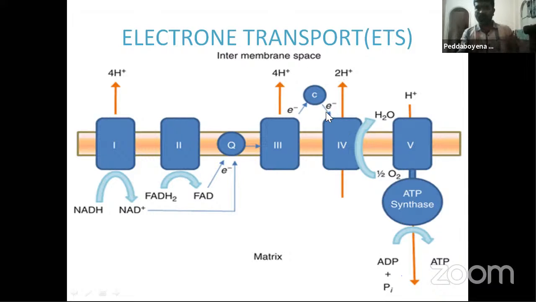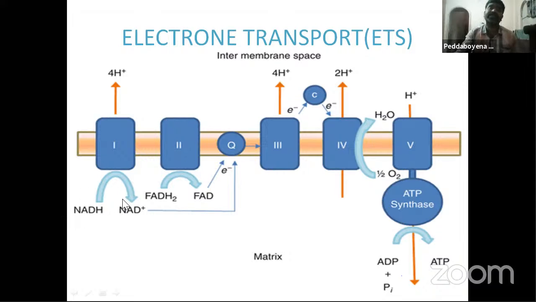So already we know that every 3 protons give 1 ATP. That's why when one NADH is involved in NADH oxidation, the total protons released are 4, 4 and 2, total 10. 3 protons make 1 ATP, so that's why 3 ATP are formed.